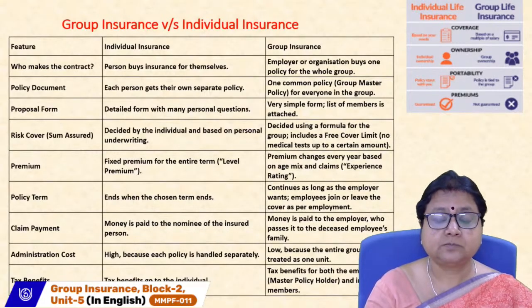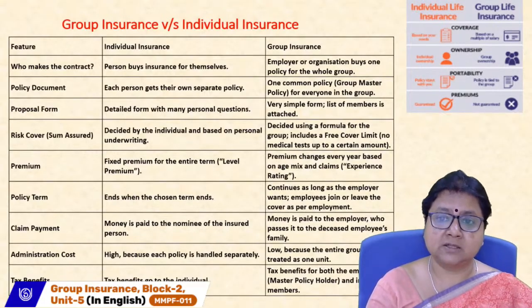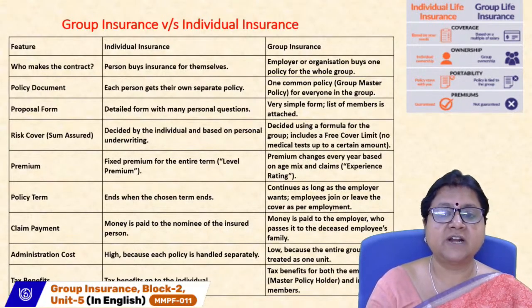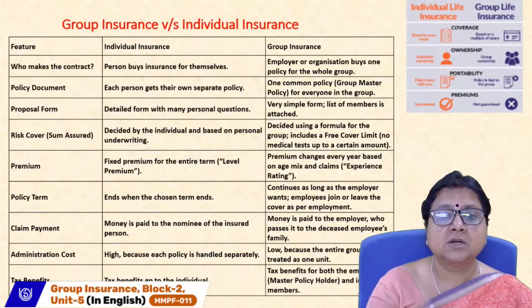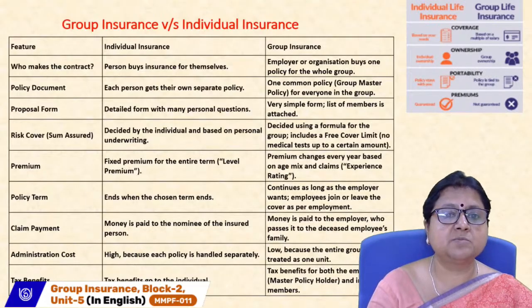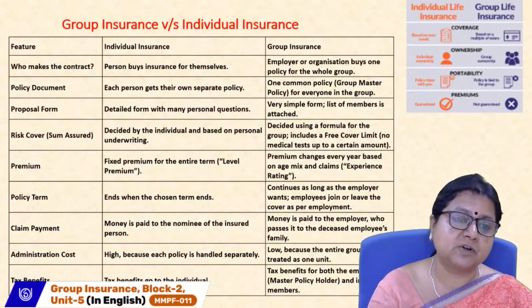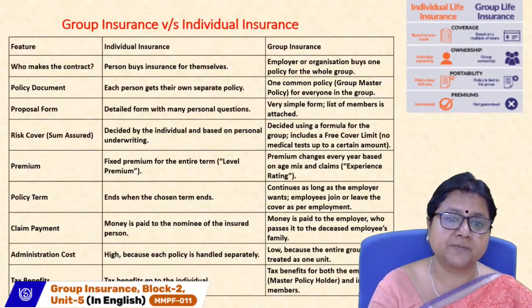But in case of a group insurance, the HR person will provide the list of the employees with their age to the insurer. And this form is also very simple.